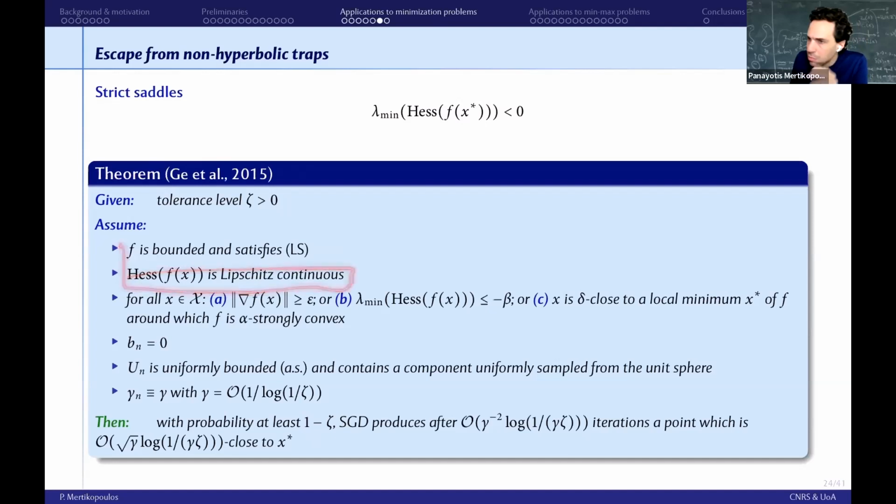A bit more regularity, so they need a Lipschitz continuous Hessian, but that is not a big deal.